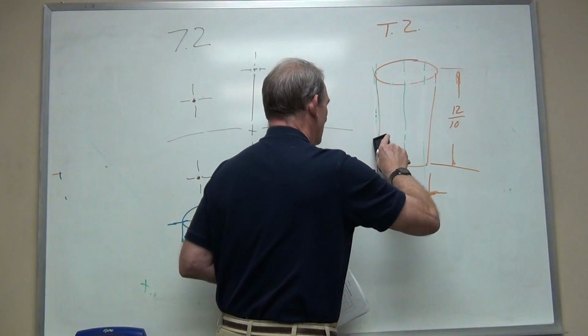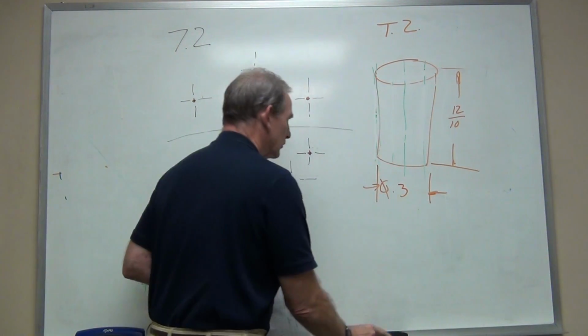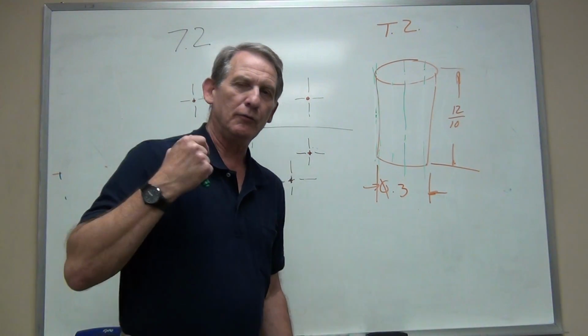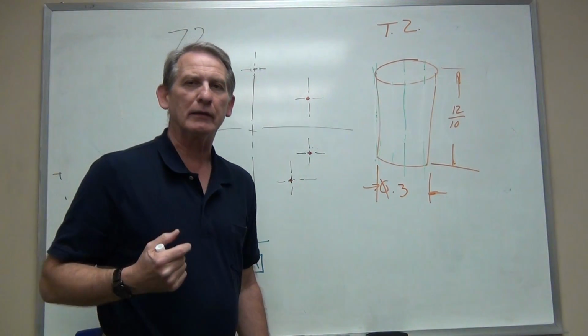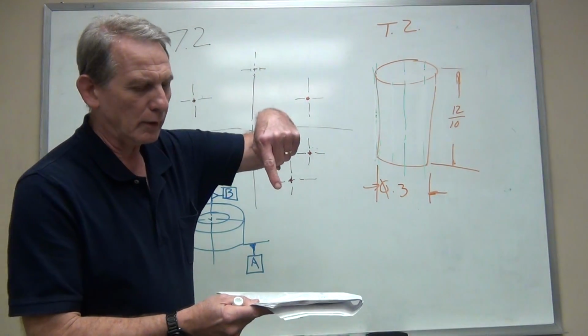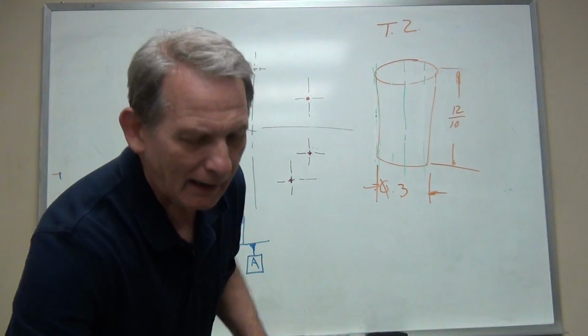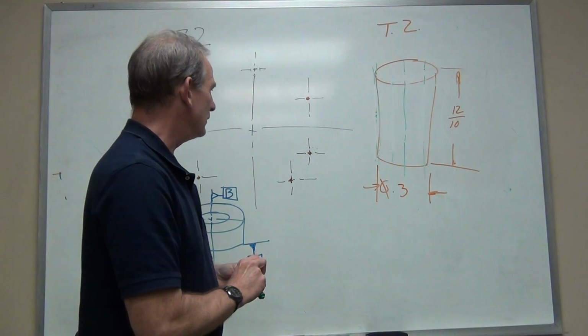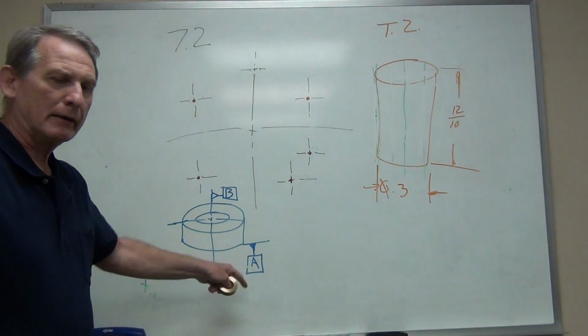Okay, but we don't have any other controls, so that tolerance zone for position has to take care of all the other aspects of those features, everything else that can go wrong. So what else can go wrong? We visualize the hole going in absolutely perpendicular to surface A, which is the bottom of this ring.